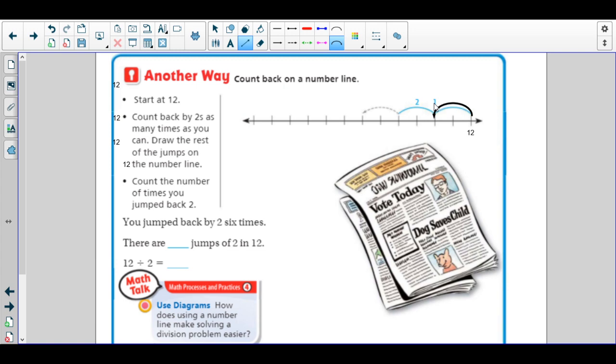Okay, we're going to make a jump of 2. All right, and then that is going to get us to 10. Then we're going to make a second jump from here to here. That will get us to 8.